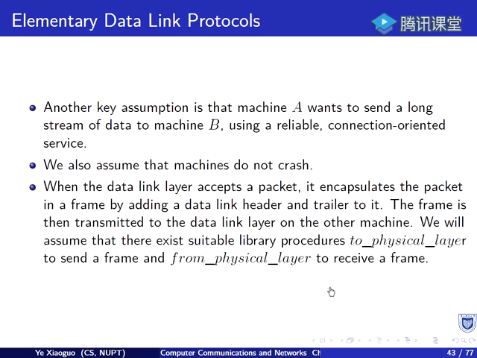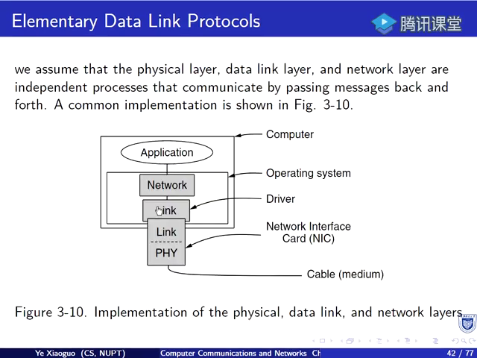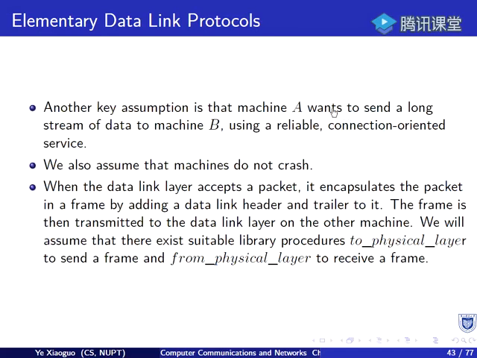Another key assumption is that machine A wants to send a long stream of data to machine B. For example, this is A, this is B, machine A, machine B, right?